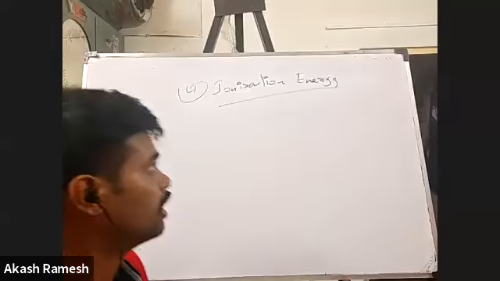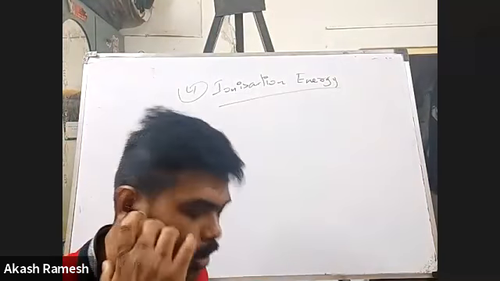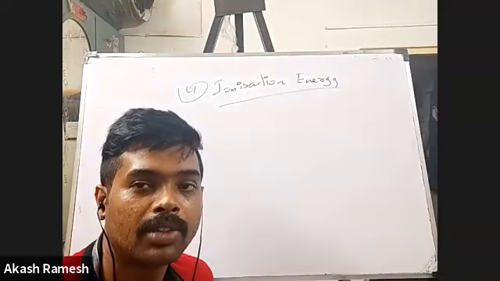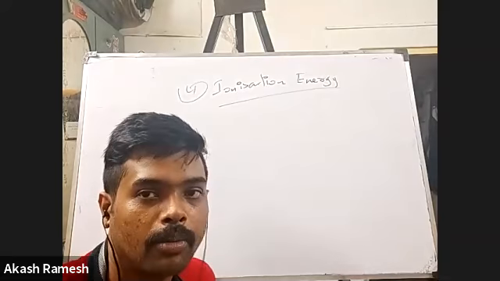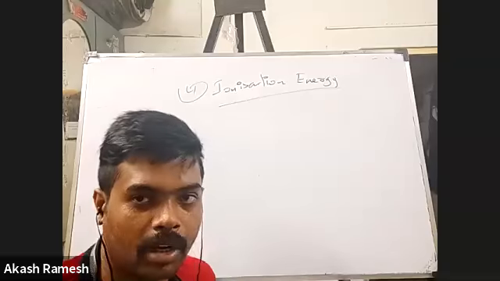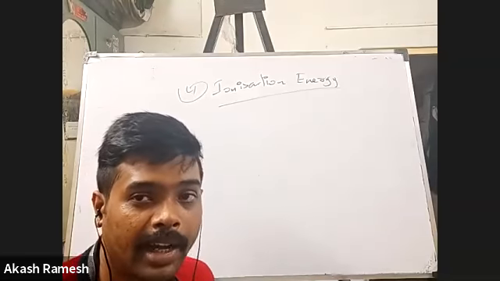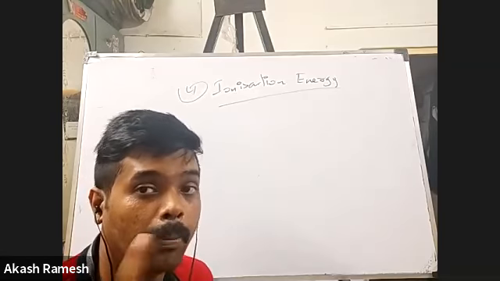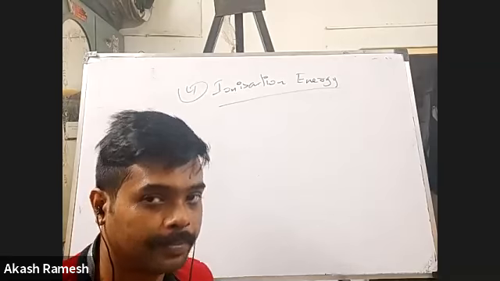Please understand, for example, if the element forms a monopositive cation, that is only plus one charge, like sodium forms sodium plus, I remove only one electron. Now there is no question of first ionization enthalpy, second ionization enthalpy, and so on. But if I go for a metal like magnesium or aluminium, right?